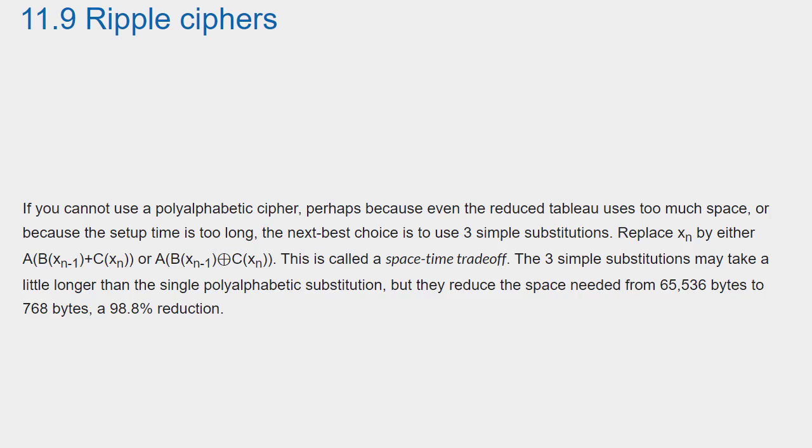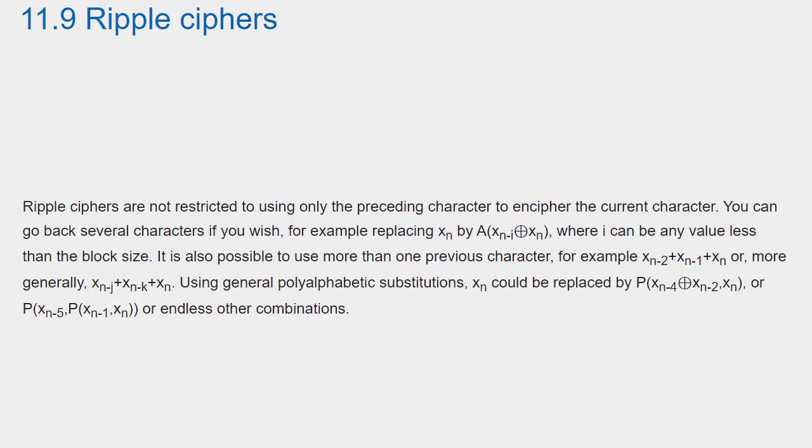Replace xn by either of these. This is called a space-time trade-off. The 3 simple substitutions may take a little longer than the single polyalphabetic substitution, but they reduce the space needed from 65,536 bytes to 768 bytes, a 98.8% reduction.